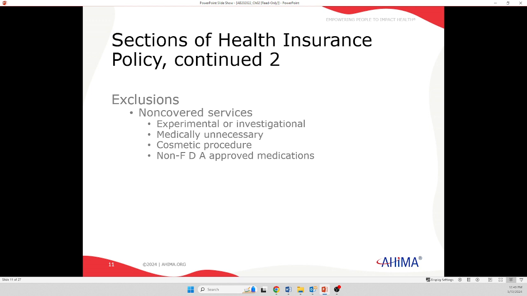Cosmetic, unless the policy says otherwise, for example, sometimes if it's related to an accident or congenital defect. And anything that is not approved by the FDA is not paid for. So make sure you know what an exclusion is and what things are excluded.